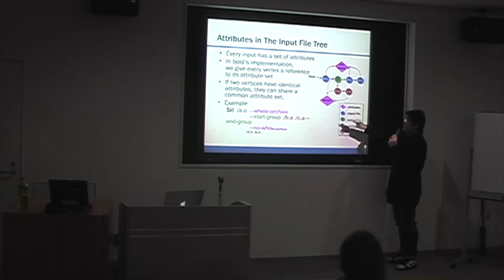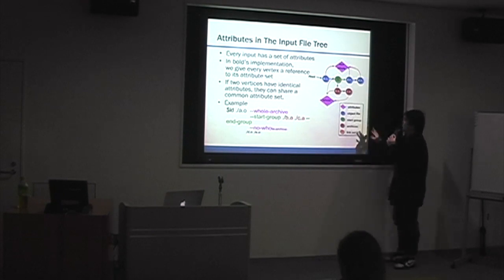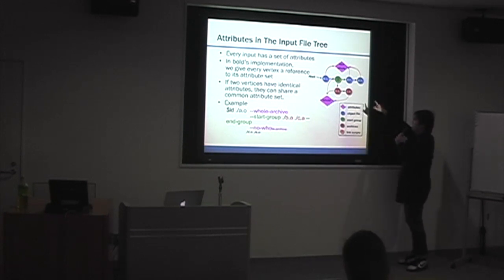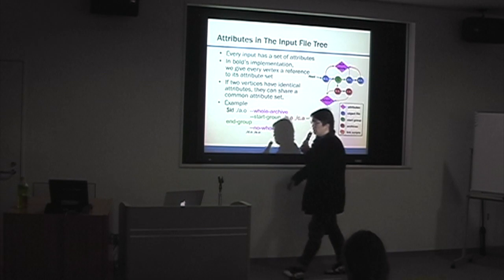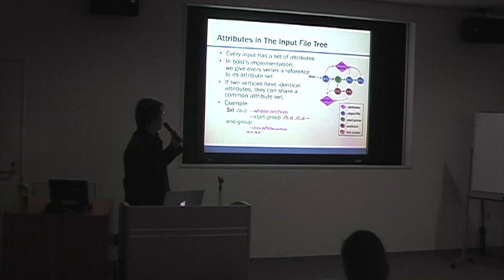Only archive B and C are affected by the whole archive option. So there is an edge from archive B and archive C to a whole attribute, and the other objects do not have this attribute, so they point to the not whole archive attribute. By the definition of input tree and attributes, we can model the input files as a tree structure.